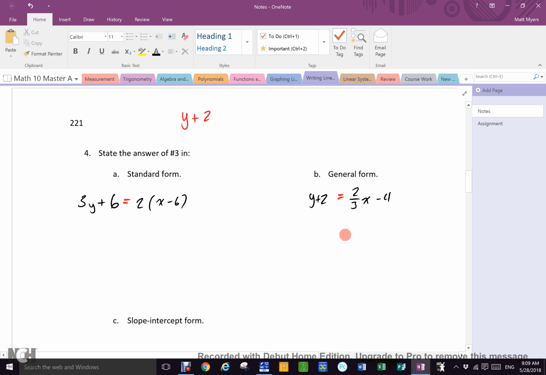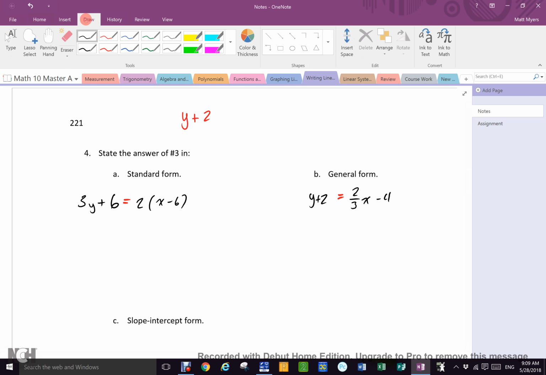What we're going to do now is the same for both, isn't it? Michael's version. Michael, what would you do next, because you wanted to get rid of that fraction first, which we did? You'd fix the brackets to get 3y plus 6 equals 2x minus 12, yeah? And then I'm almost in standard form, aren't I?